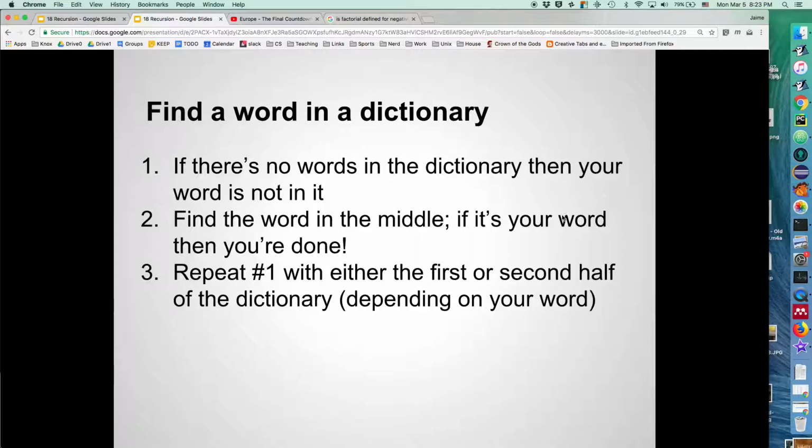If that's the word you're looking for, you're done. You found it. If it's not, then the word you are looking for is either before or after it. So repeat this process with either the first half or the second half of the dictionary. Keep doing that until either you run out of words in the dictionary or eventually you land on the word that you're looking for.